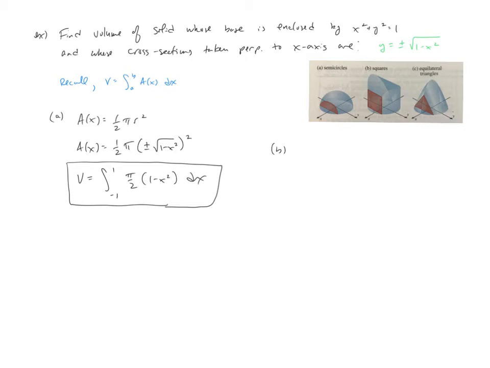So number B, now they're wanting us to use squares. For squares, I'm going to go ahead and draw a picture similar to what they have, one hopefully a little bit easier to see though. One of the most important parts of the picture they have drawn is that this would be a y and this would be a y as well.